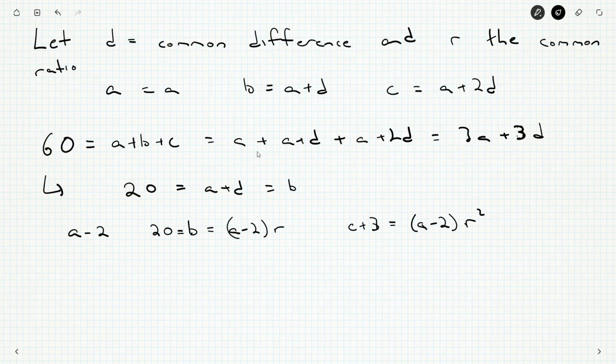So we're applying the common ratio twice. Another way to say it, rearranging: A minus 2 is B over R, which is 20 over R, and C plus 3 is 20 times R. I don't know if this is more helpful, but it seems to be reducing some of the work, maybe?